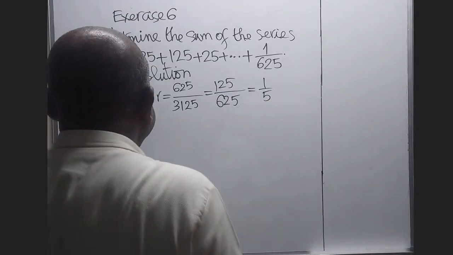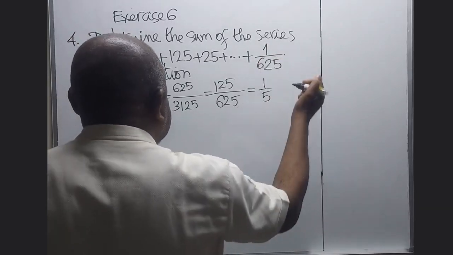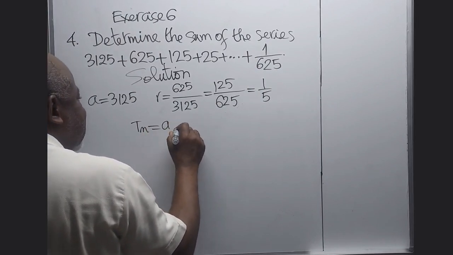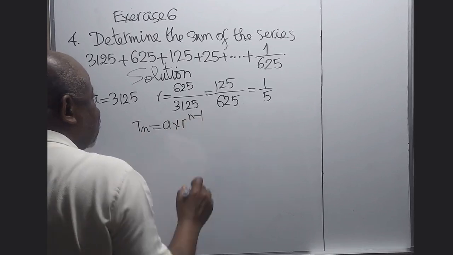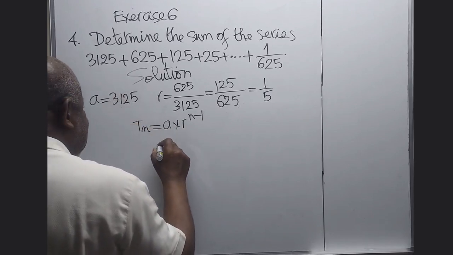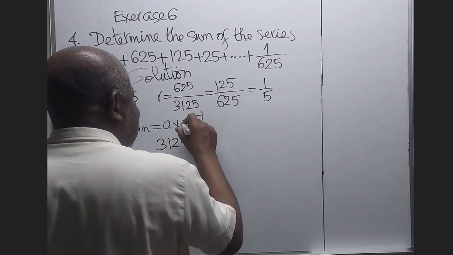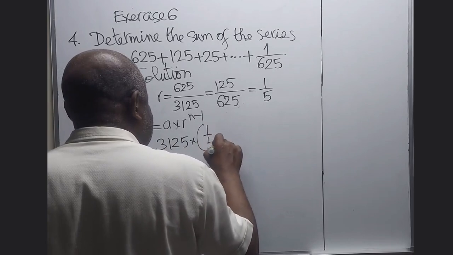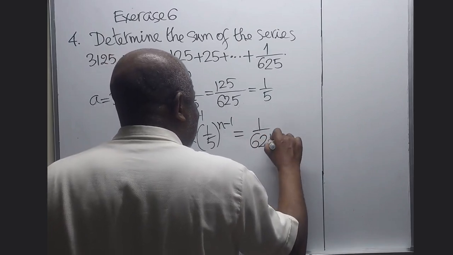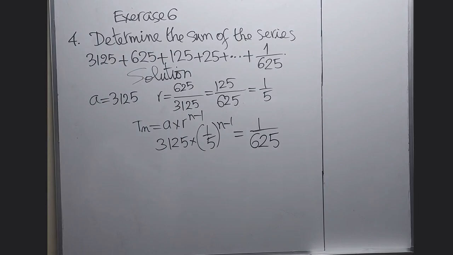Now, our last term, Tn, is 1 over 625. So here I'm going to write Tn is equal to a times r to the power n minus 1. Then our first term is 3,125 multiplied by the common ratio 1 over 5 to the power n minus 1, and this will be equal to 1 over 625.